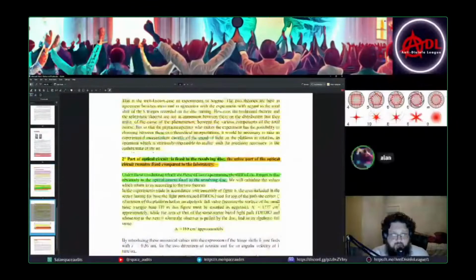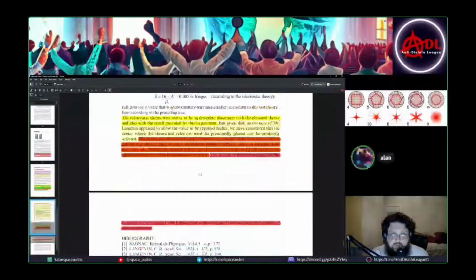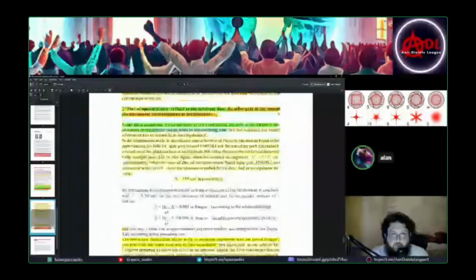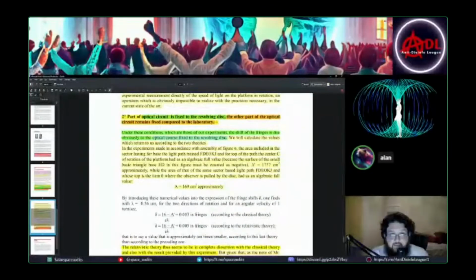There are a couple of possible interpretations that they go over here. And then what they do at the end is test the first postulate of special relativity: are all inertial frames equally valid?